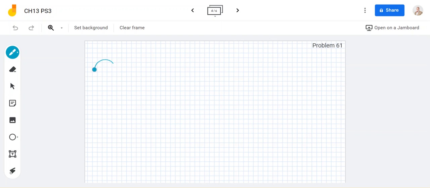Okay, so we're looking at the Earth. Now, the Earth has radius r.